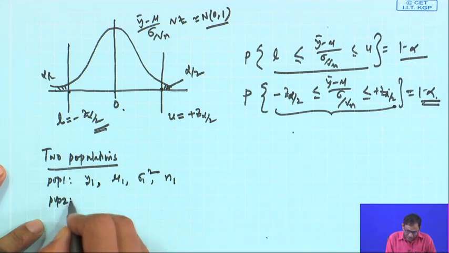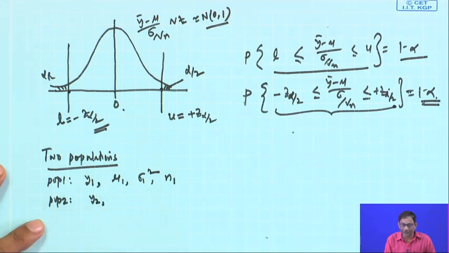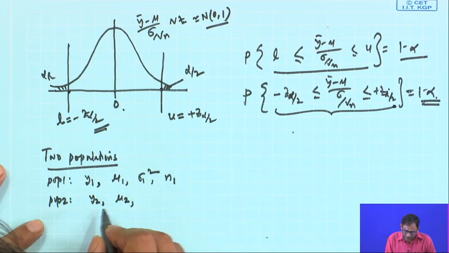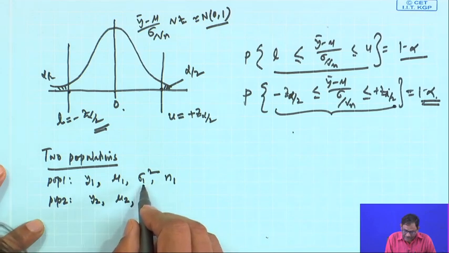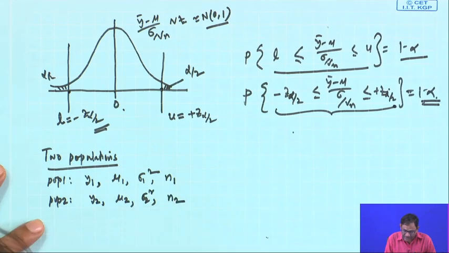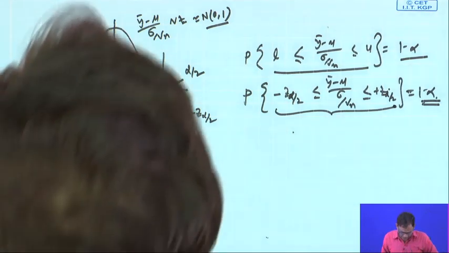Population 2: variable of interest y 2, mean is mu 2, variance is sigma 2 square, and you collected n 2 data points.